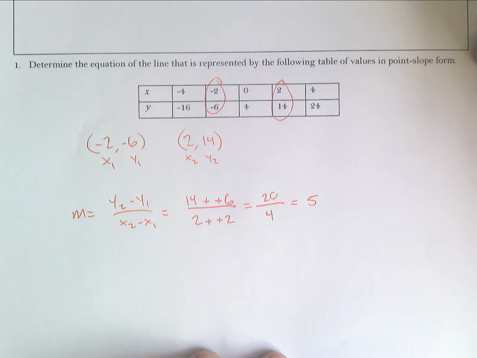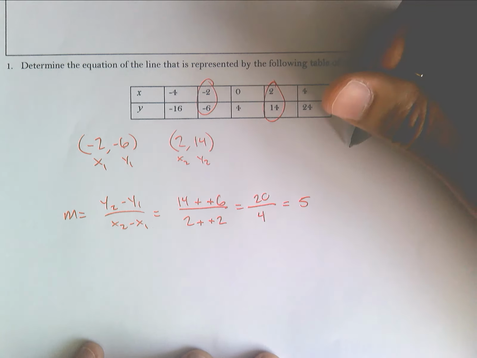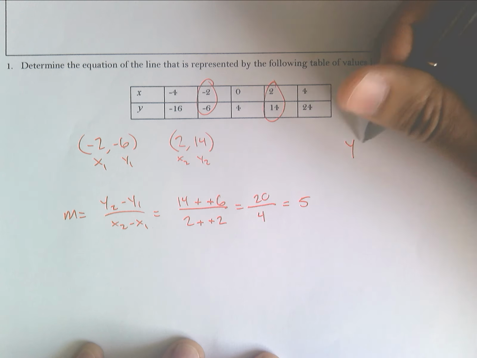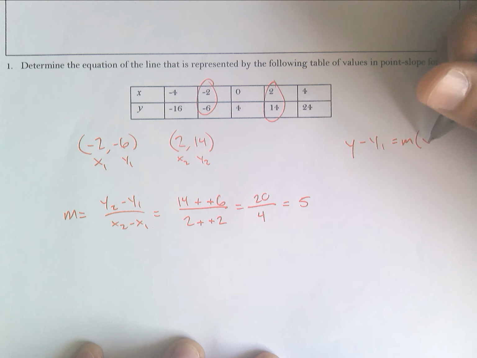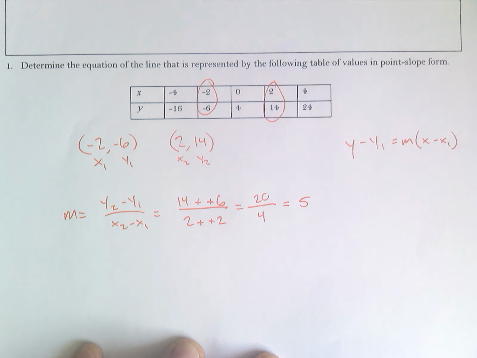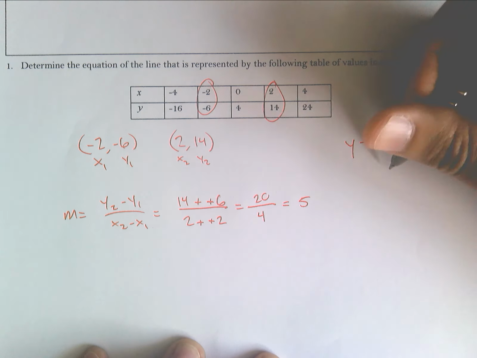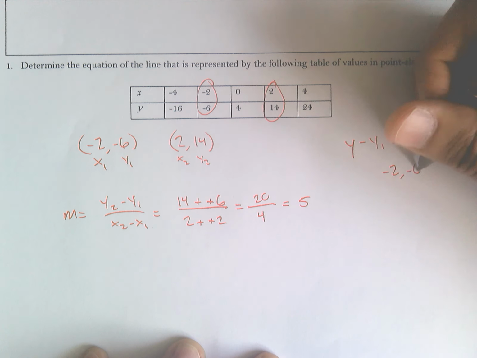Now we can plug it into point slope form. So we're going to choose a point and take the slope and plug it into point slope form, which is y - y1 = m(x - x1). Our point we're going to choose, we'll just choose this one here, the (-2, -6).